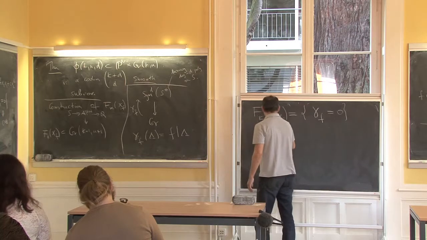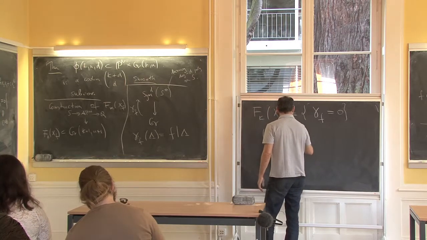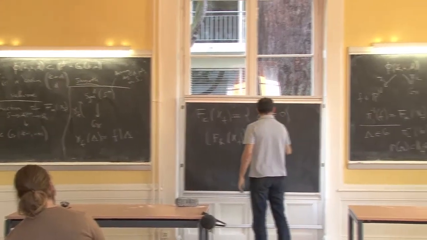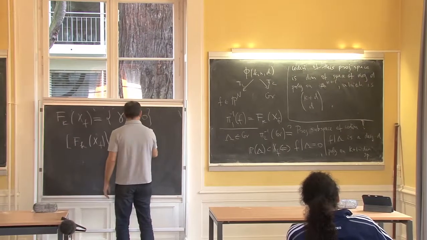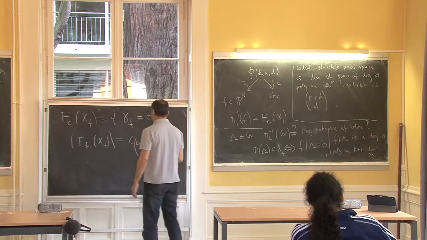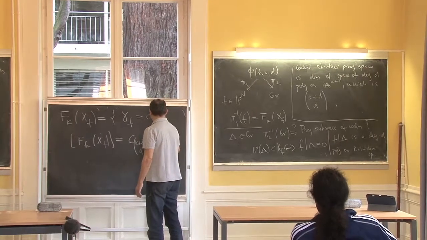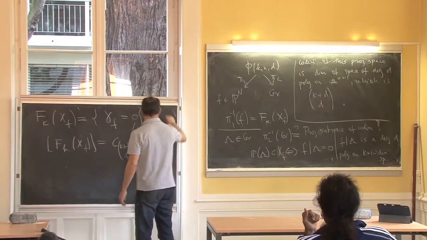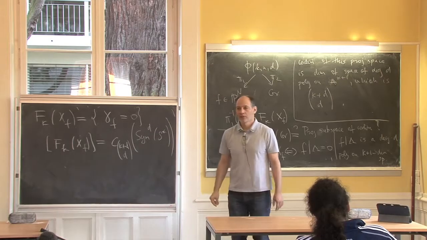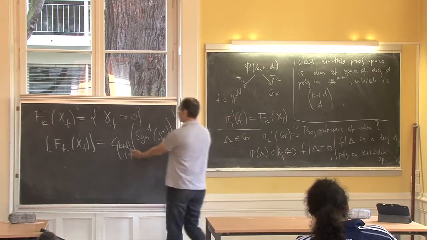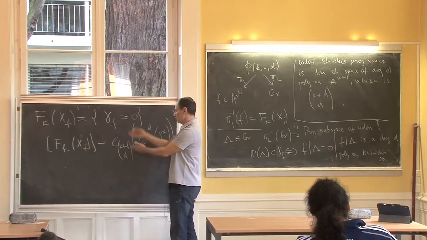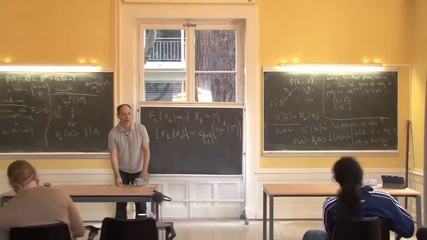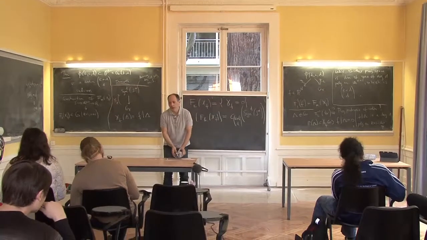If I want to calculate the class of F_k(X_F), then I just take the Chern class at dimension k plus d choose d of this bundle Sym^d S star. This looks complex, but it's simply a Chern class that we can calculate, and it's not so difficult. For example, for the original question, you get 27 lines. But I didn't have time to do that. I'll do it next time. All right.